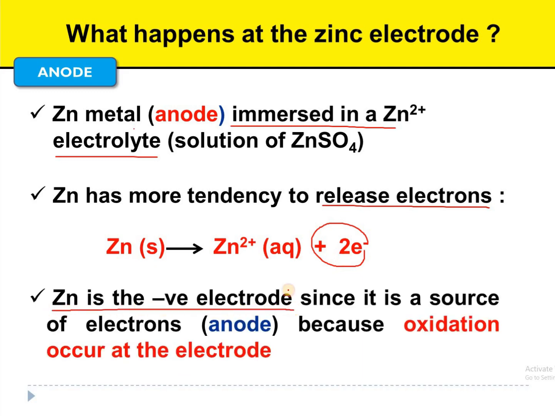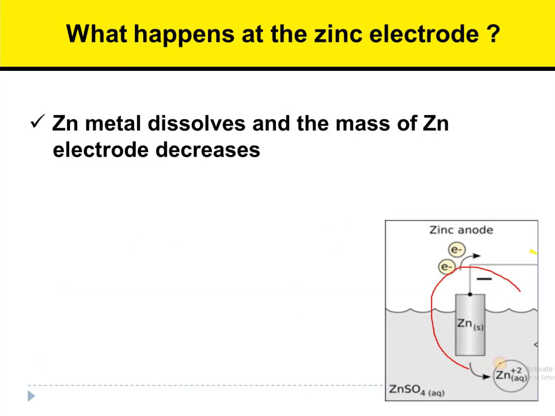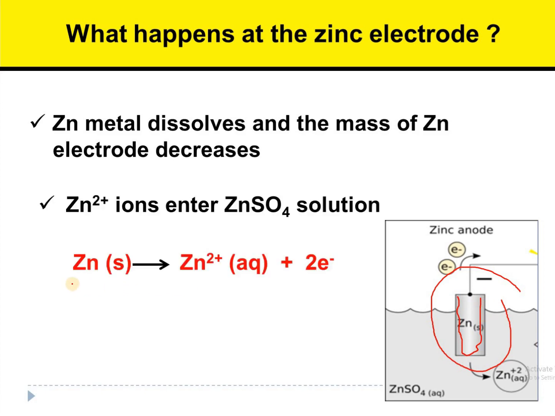So zinc is the negative electrode, since it is a source of electrons, and it is the anode because oxidation occurs at the electrode. During the process, zinc metal will dissolve and the mass of zinc electrode decreases. Zinc solid becomes zinc 2+ ion, and the zinc 2+ ion enters the zinc sulfate solution. This is the process that happens at the anode.